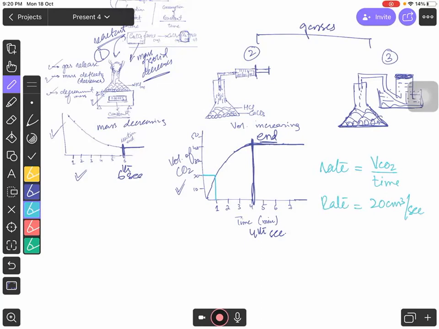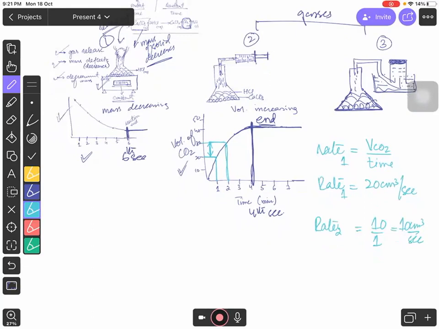And in the second second, the volume of gas produced is only 10 centimeter cube, okay? So the rate of reaction in the second second is 10/1, so it is 10 centimeter cube per second, right?